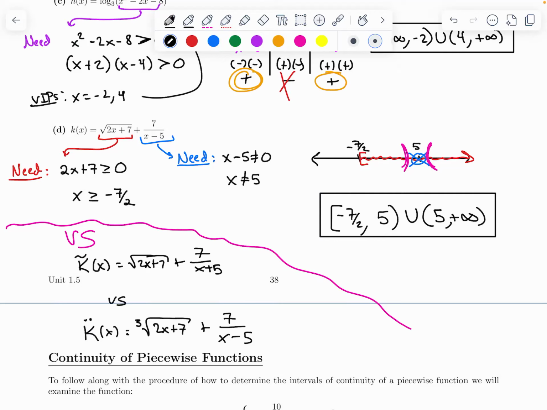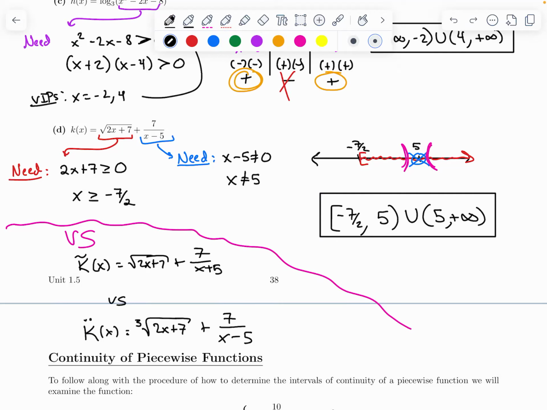We were talking about this when it came to that limit in 1.3 where we had the square root of 4 minus t squared, where the full limit does technically exist, even though the left-hand limit didn't exist. So if you put parentheses at -7/2, I would not mark you down. I would give you full credit there because that's a very ambiguous case.